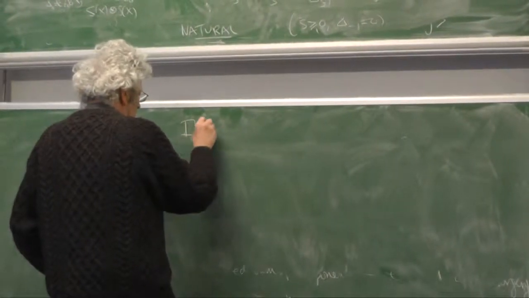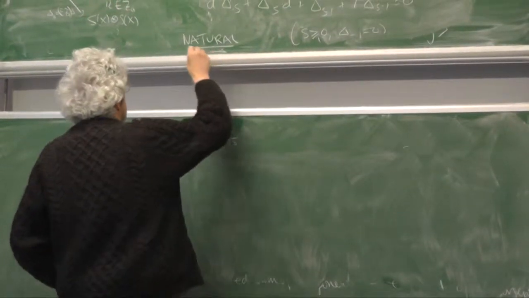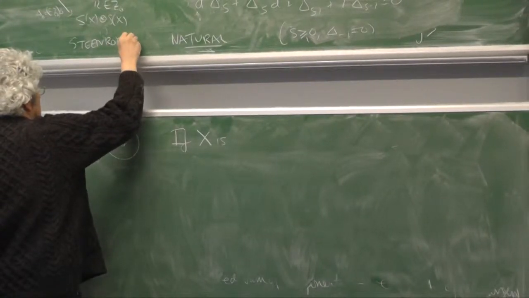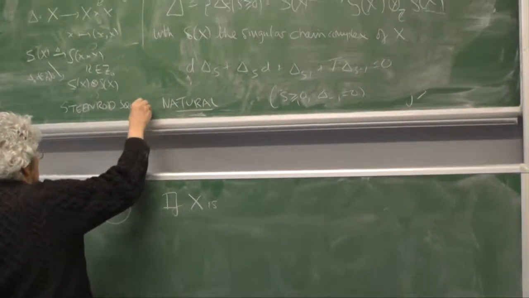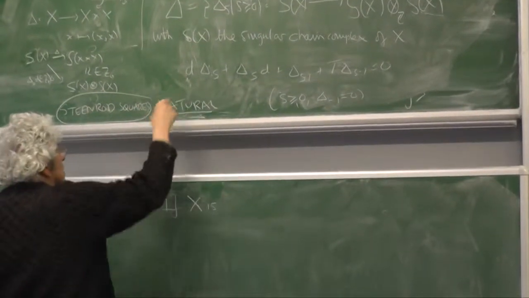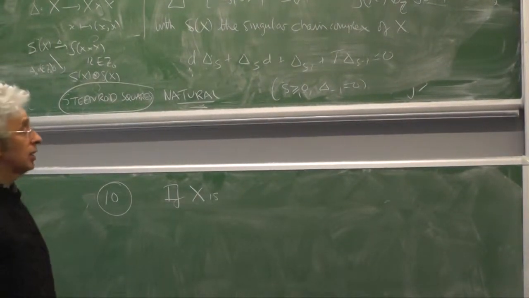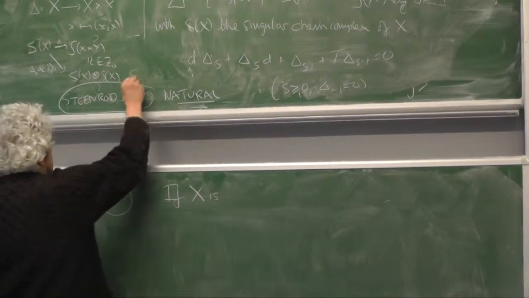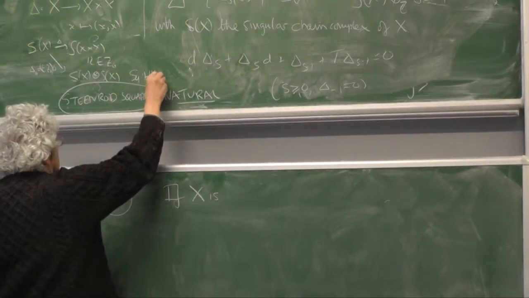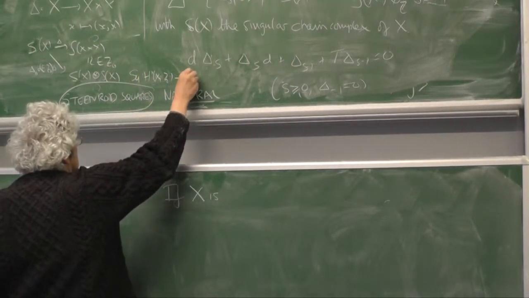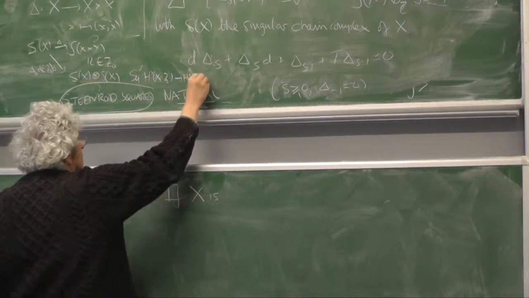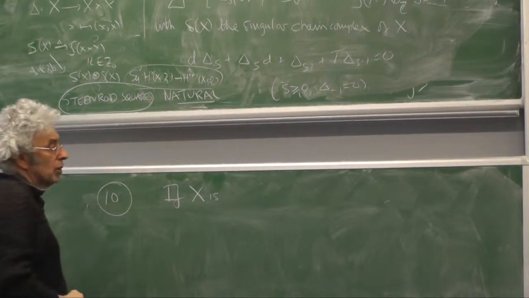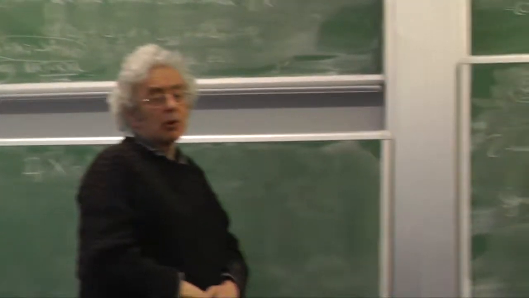If X, I should say, I won't tell you now, but this is the reason why this is the kind of underlying chain construction which gives the Z2 squares. But the thing about the squares is that they're very important, very useful in surgery theory, but only in a simply connected case.